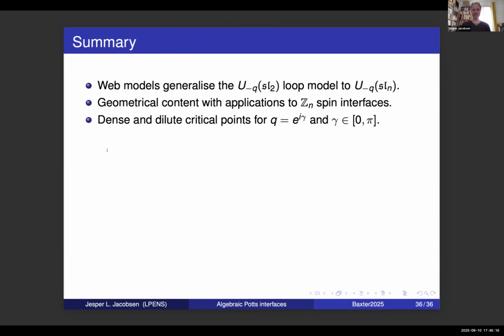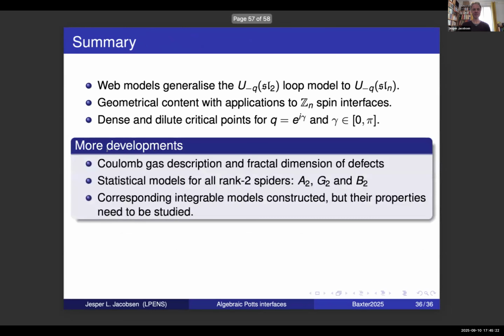It has a dense and a dilute critical point when this Q lives on the unit circle. One can make a Coulomb gas description and compute critical exponents. And one can get integrable statistical models, not only for this model, but actually for all rank 2 spiders studied by Kuperberg.